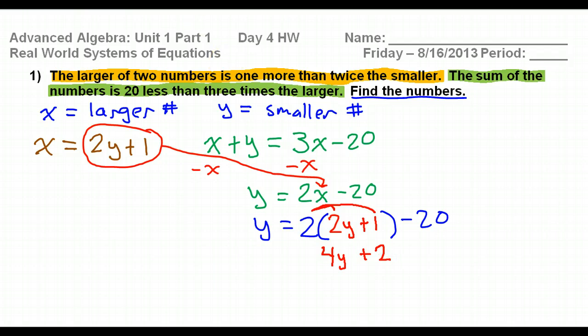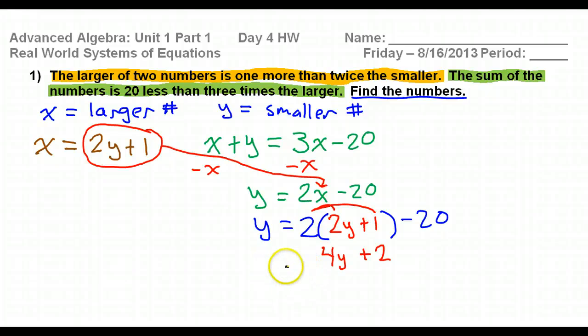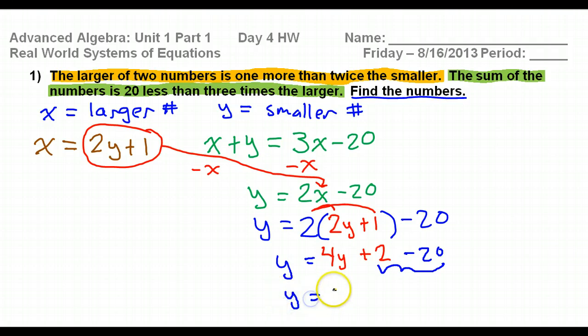Okay, now just doing the rest of it, I've got y equals 4y plus 2 minus 20. Now these are like terms. Let's put those together right away. So that'll be y equals 4y minus 18.